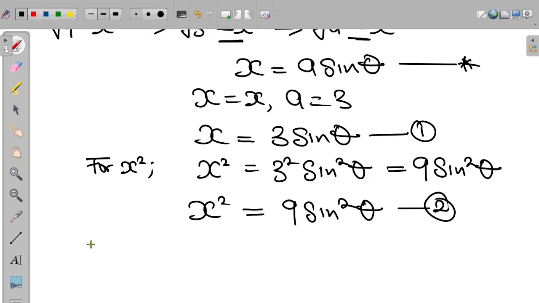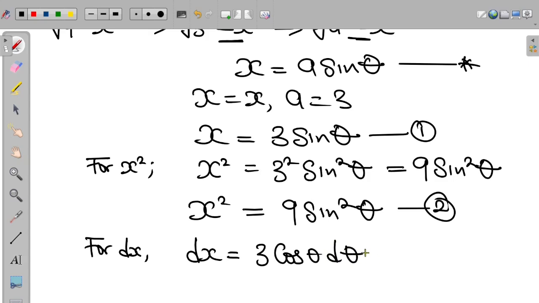Now also from equation 1, if we differentiate x with respect to theta, we have that dx is 3 cos theta d theta. Let's call this equation 3.